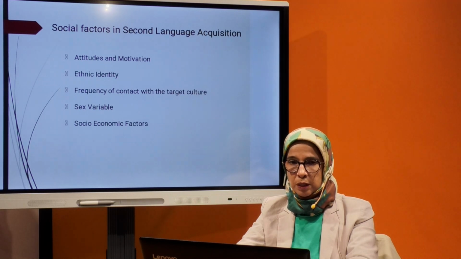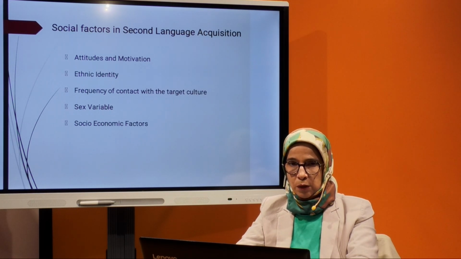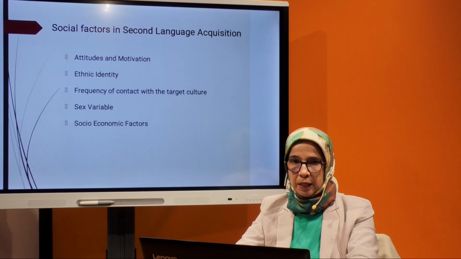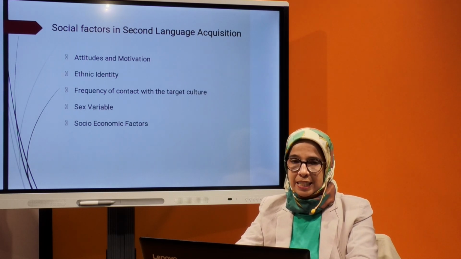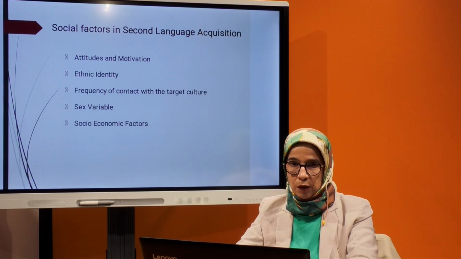Many researchers tried to explain this phenomenon, and it is generally believed among first language researchers that sex differences in terms of acquiring language really exist.